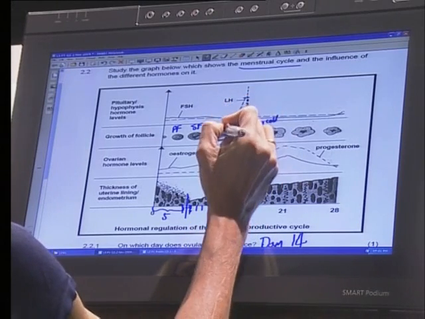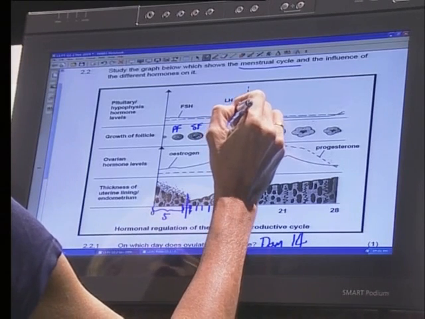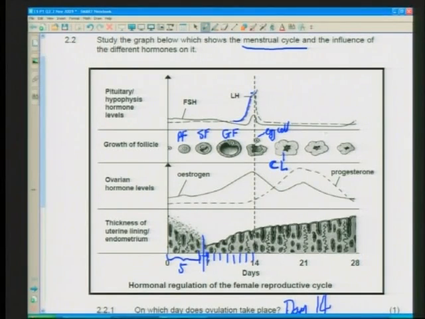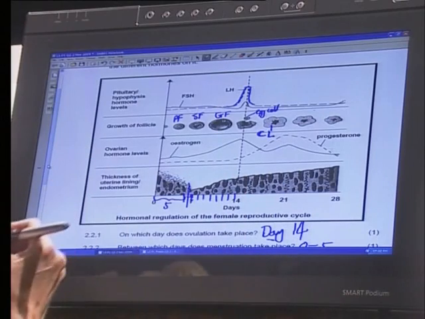At day 12, the luteinizing hormone levels increase, and they peak at day 14. And then there's a sharp decrease after day 14. Happy? That's all they wanted. They're asking you to read what you see here.